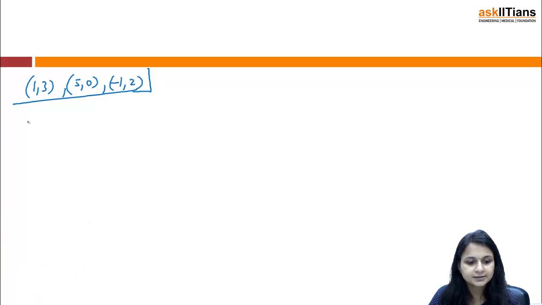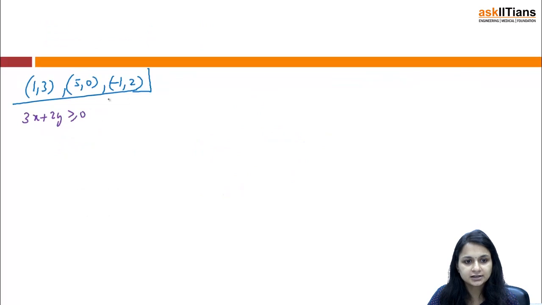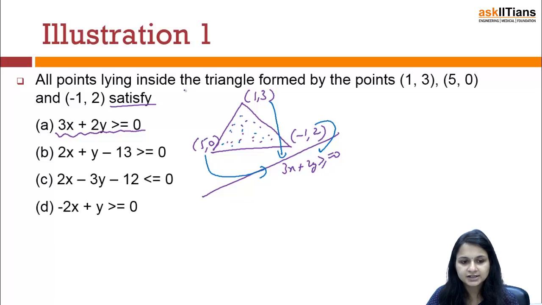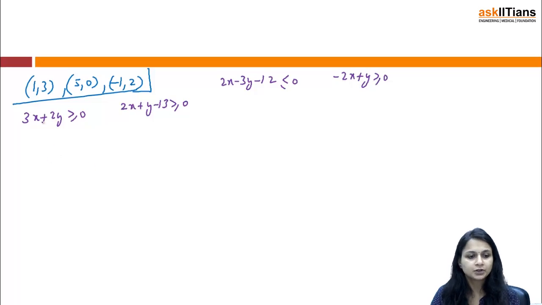We have the lines 3x + 2y ≥ 0, 2x + y - 13 ≥ 0, 2x - 3y - 12 ≤ 0, and -2x + y ≥ 0. Now let's take the first case.